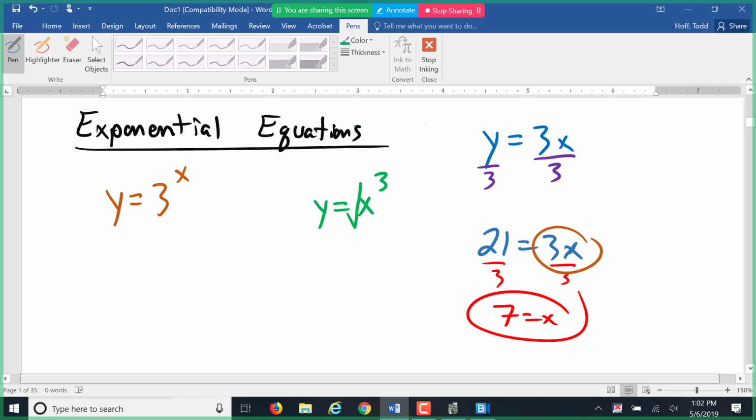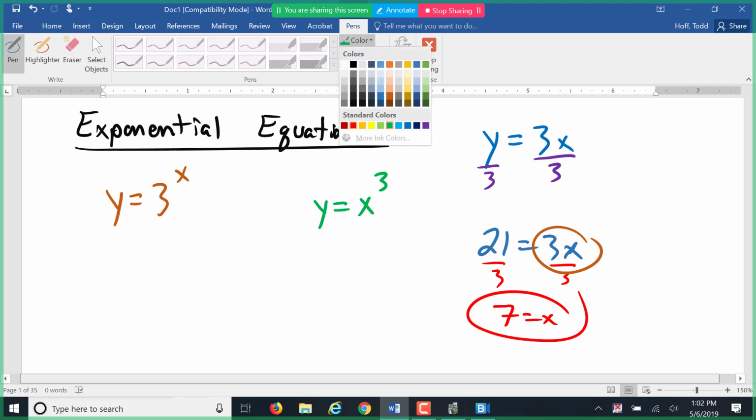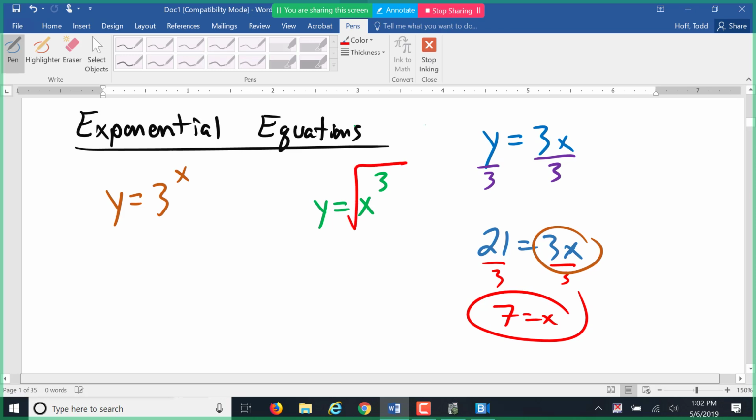To get x by itself, to get rid of the third power, we would use a third root. The inverse of a power is its root, just like the inverse of multiplying was dividing. In the next couple of days, we're going to learn what the inverse of an exponential is.